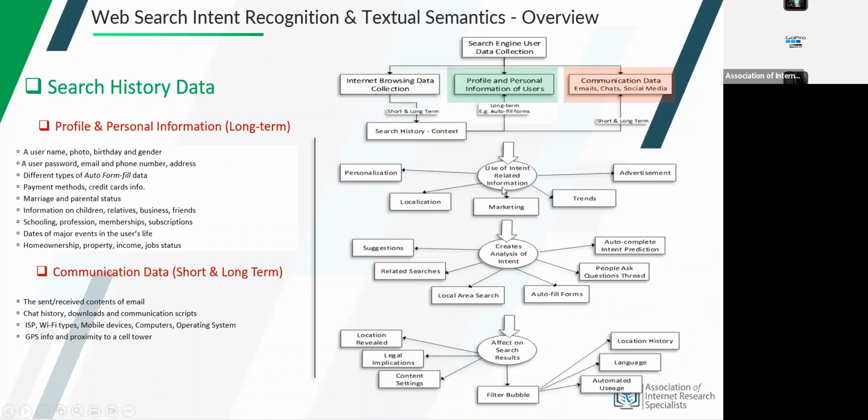Once this information is actually living inside of the browser and the search engine is given the long-term history of some certain attributes, the next layer of how the search is going to interpret your intent is by looking at your personalization of the browser, your localization, how frequently you use your localized info, marketing, your trends related advertisements, and so on. So all of those intent related info that is attached to advertisements or something that triggers advertisements will start to show up in your results.